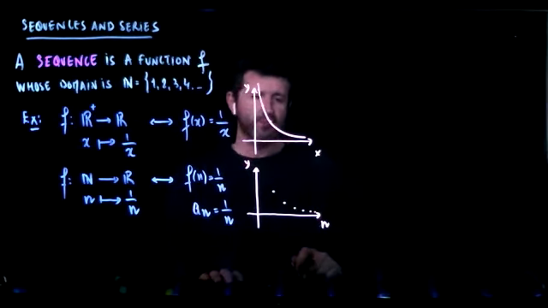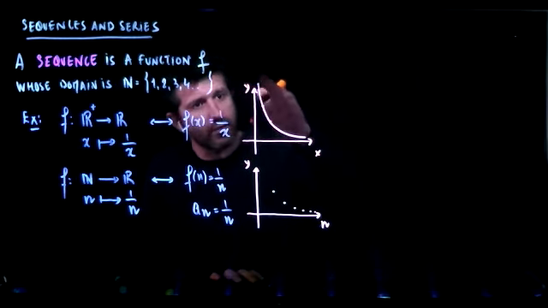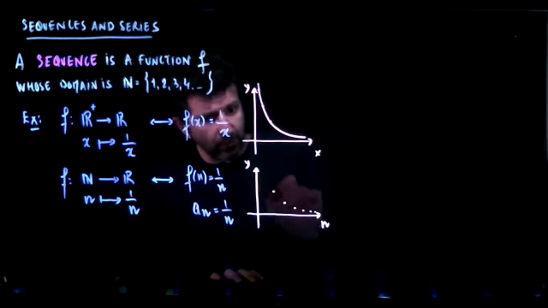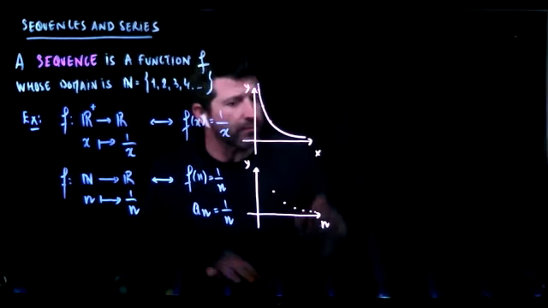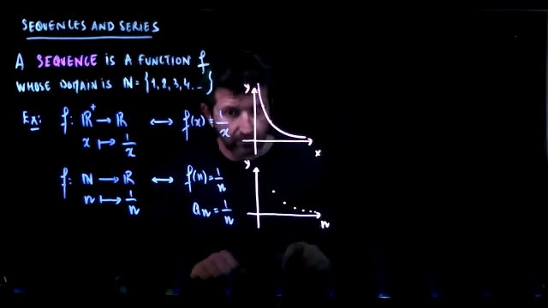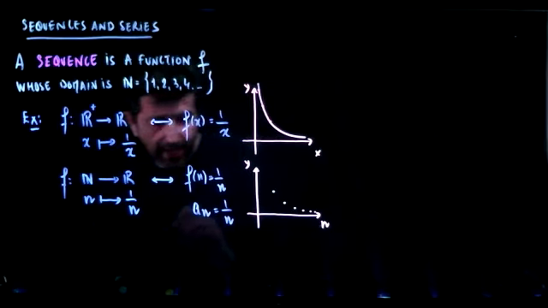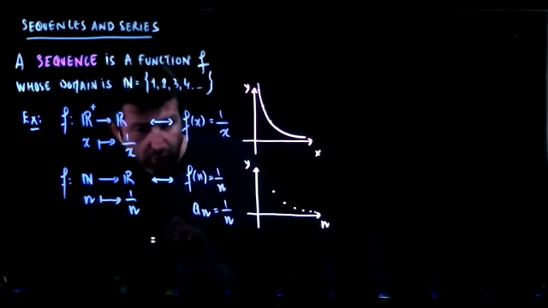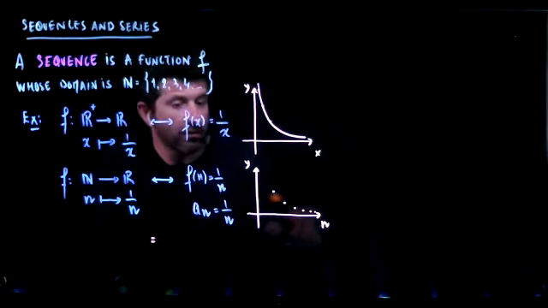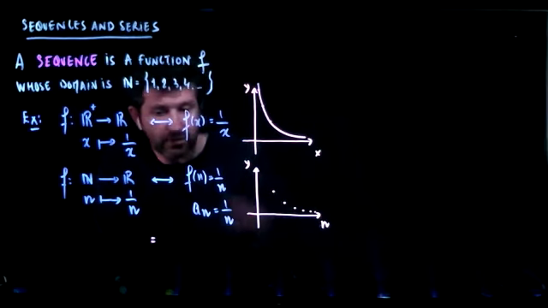So there's a difference. Here it's continuous, here it is what we call discrete. You could count them, and you could actually write all the terms of your sequence.